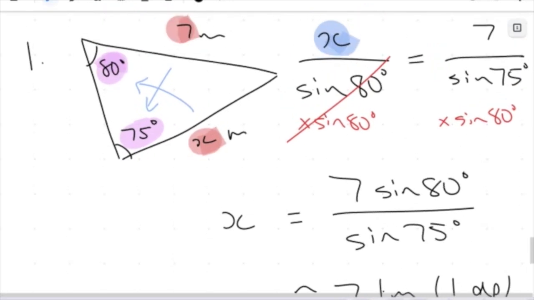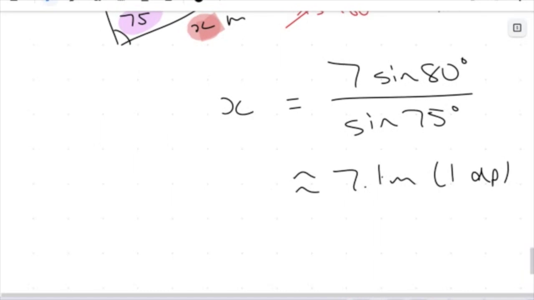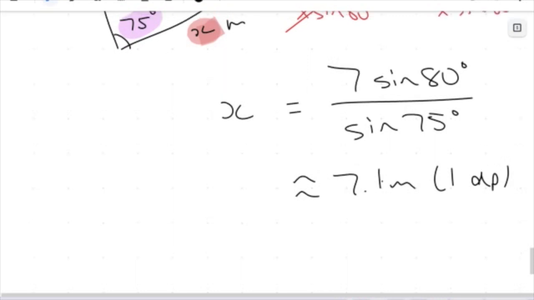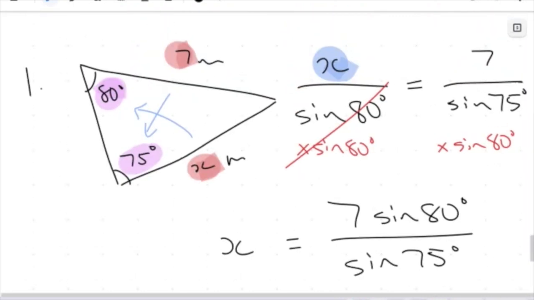Now, just for a little sense check, opposite sides correspond to opposite angles. To check that our answer makes sense, because with the sine rule there are a lot of calculation errors that can happen, we do a little sense check. For the 80-degree angle, we would expect the side opposite that one, this one over here, to be bigger than the side opposite a smaller angle.